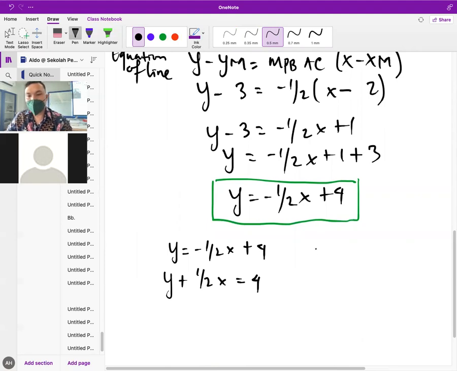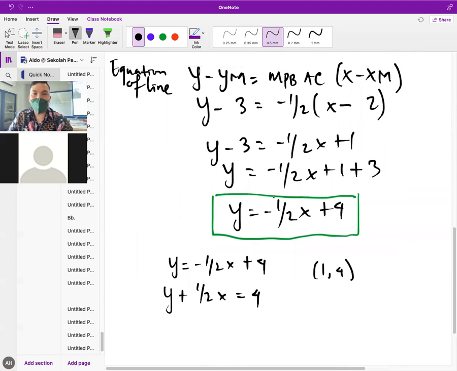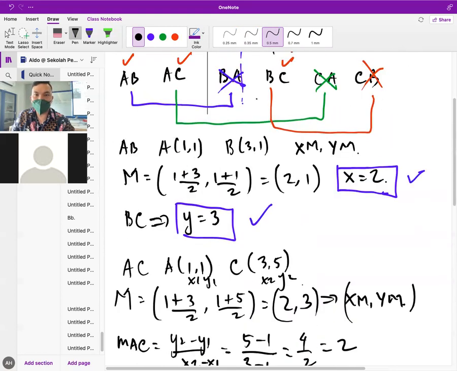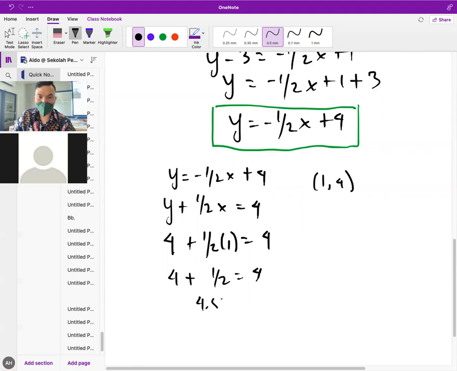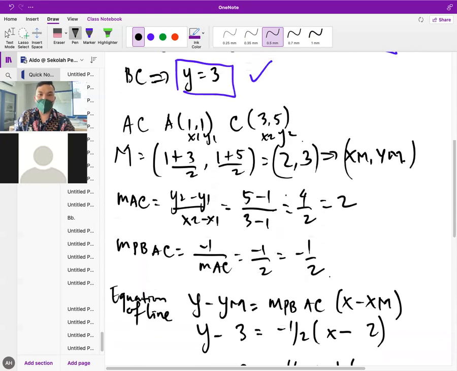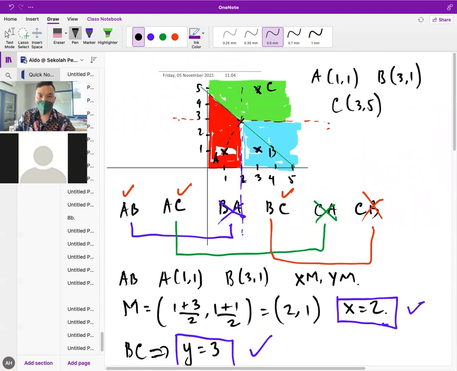Now, is the coordinate 1, 4 exactly on the edge? We can test it. Here, 4 plus a half times 1 is equal to 4? 4 plus a half is 4.5. No. So it means that 1, 4 is not exactly on the edge.